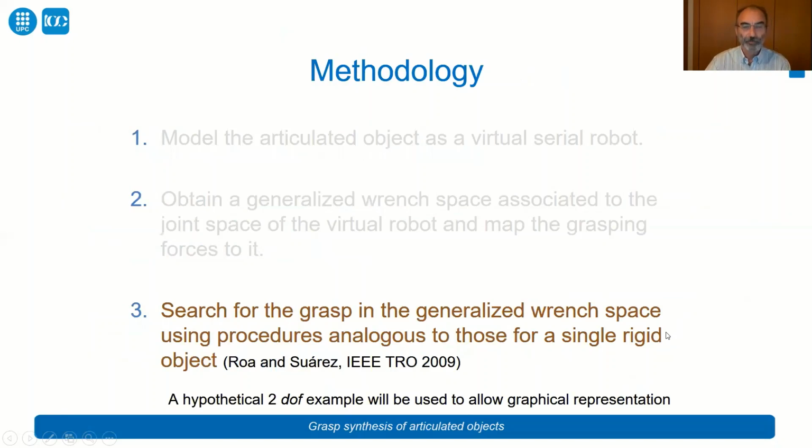The third step of the methodology is the search for the grasp in the generalized range space using procedures analogous to those for a single rigid object that are already published in the related literature. I will use a hypothetical 2 degrees of freedom example to be able to show graphically the procedure.